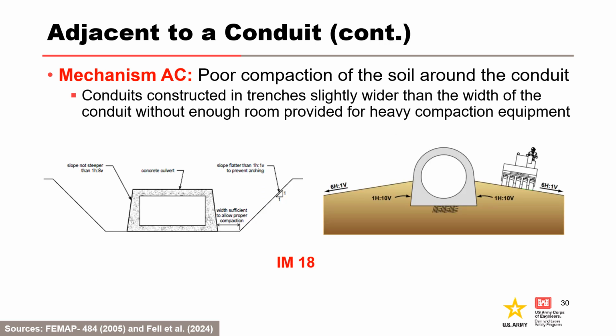Poor compaction of the soil around the conduit can also result from conduits constructed in trenches slightly wider than the width of the conduit without enough room provided for heavy compaction equipment. On the left, trench and culvert details for cast in situ or precast rectangular concrete culverts. Good practice is as shown.